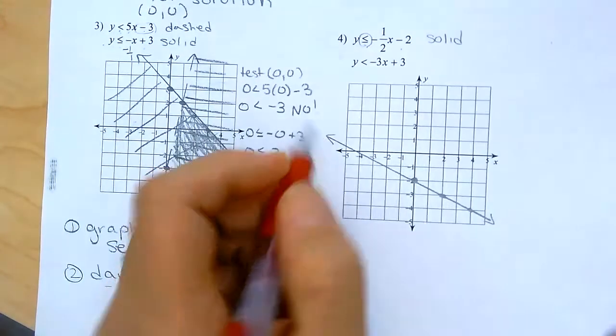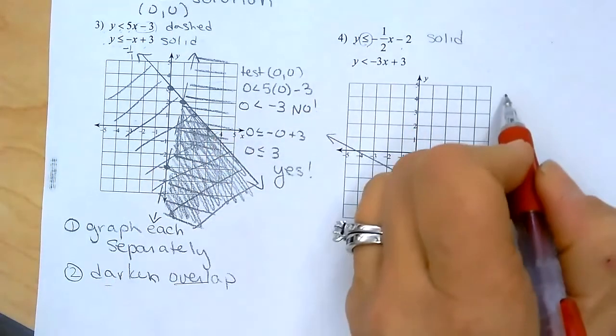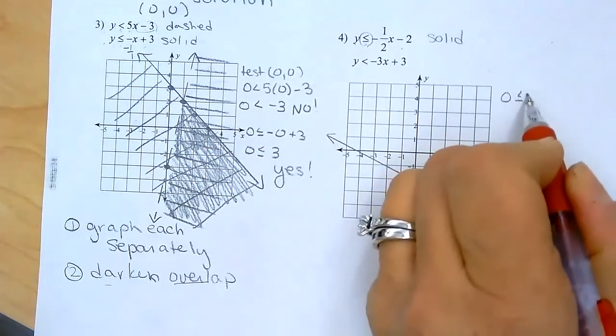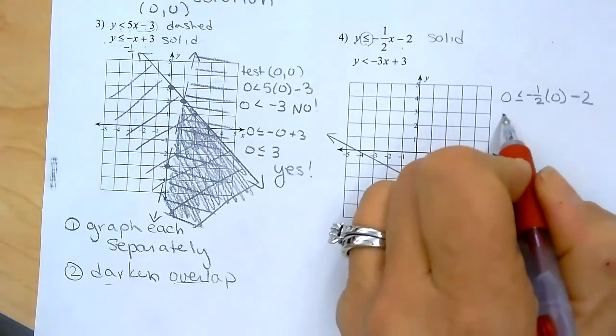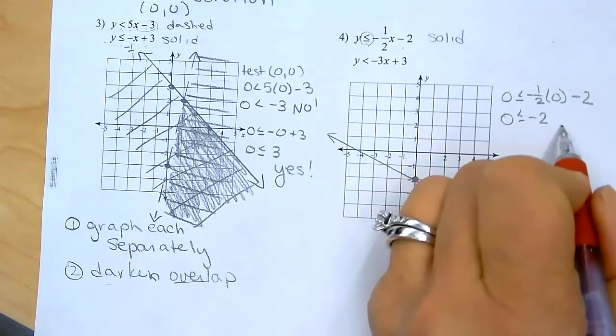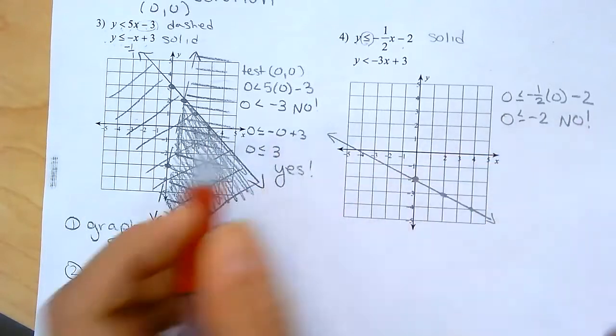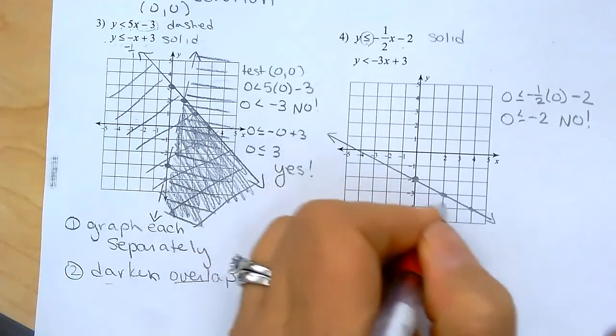Let's test our point. We're going to put 0, 0 in. Is 0 less than or equal to negative 1/2 times 0 minus 2? Is 0 less than or equal to negative 2? Answer is no. So we're going to shade away.